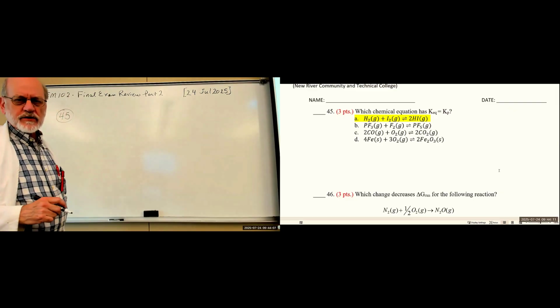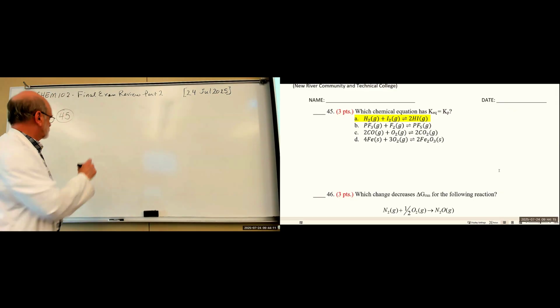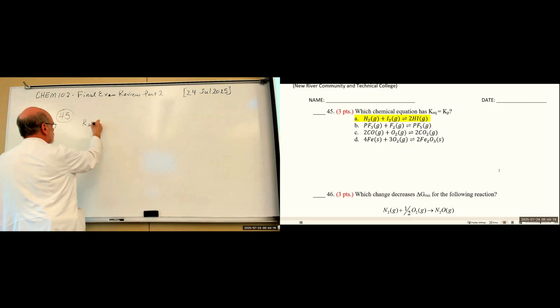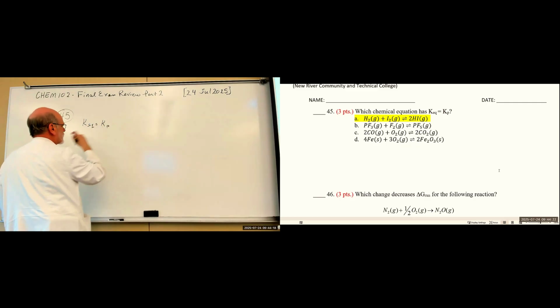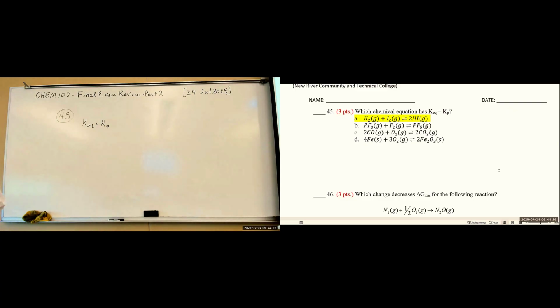Okay. 45. Which chemical equation has Keq equal to Kp? We want the equation that gives us Keq equals Kp. Well, the expression for that is in the useful information. How do you change one expression to the other?